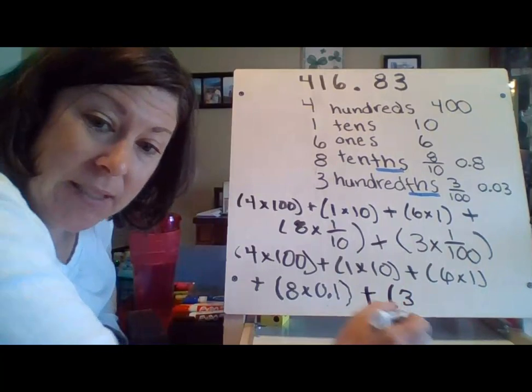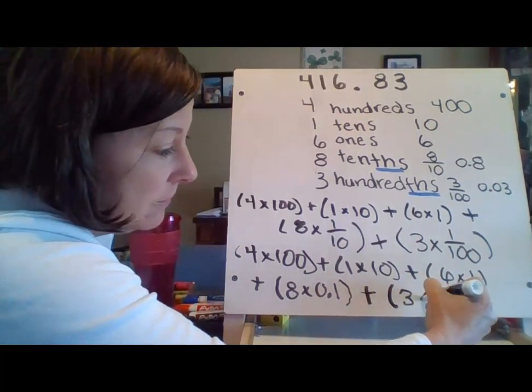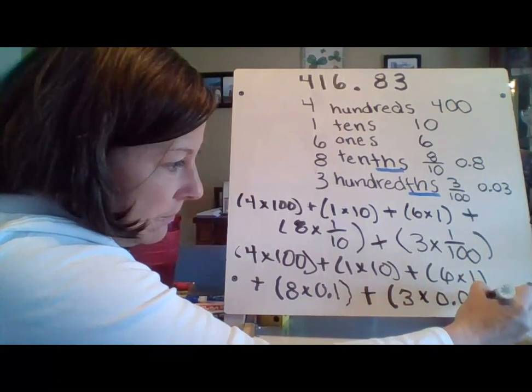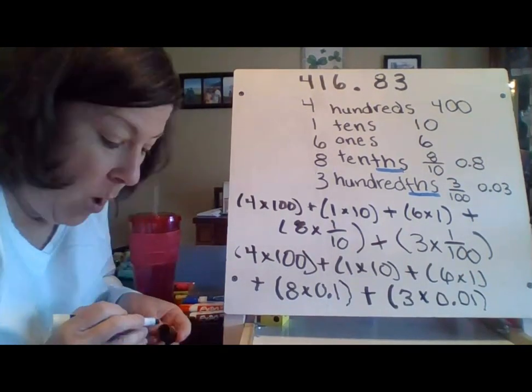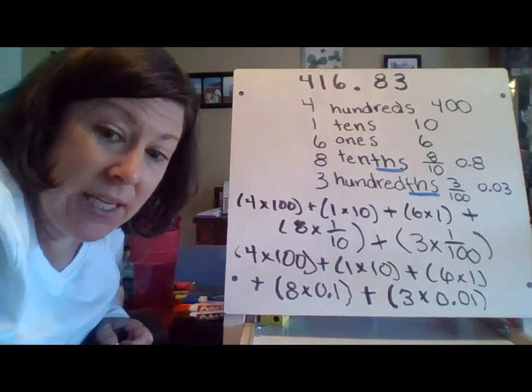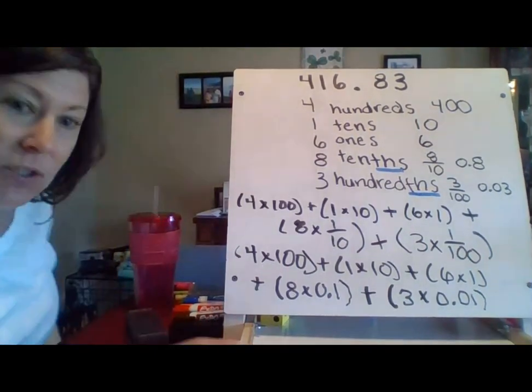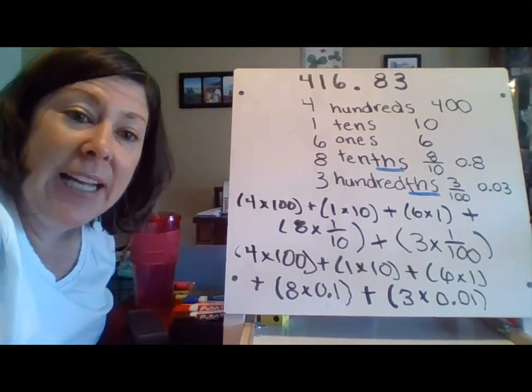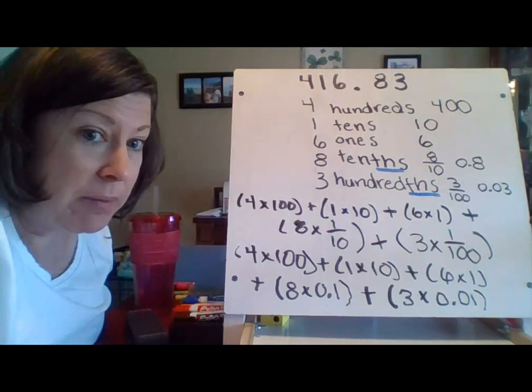And then my last piece of my expanded form, that 3 times 1/100th, or 3 times 0.01.